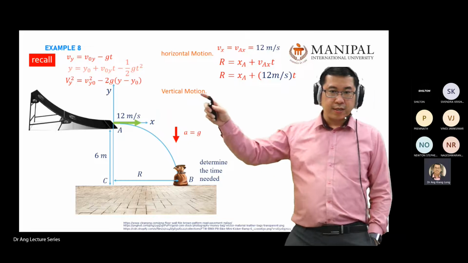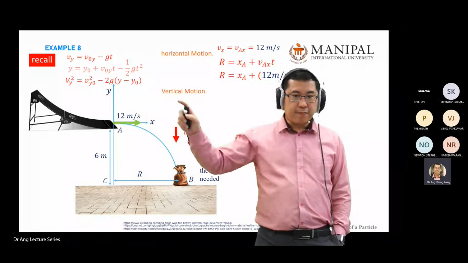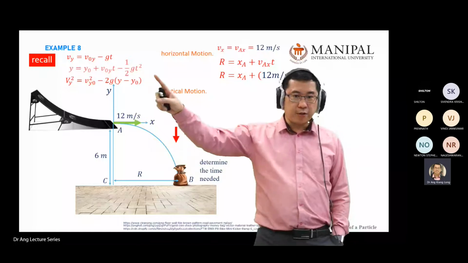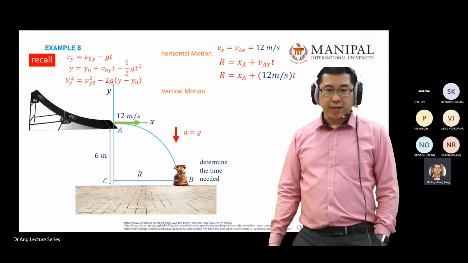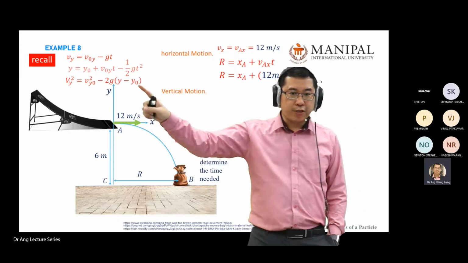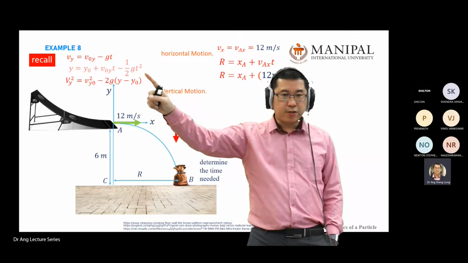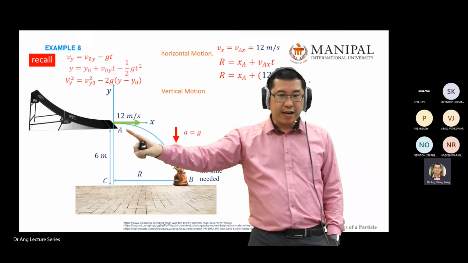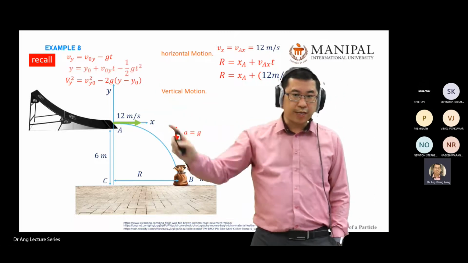I picked the second one because I have more information for the second equation. You can use the first one to derive also, but I use the second one first because I have the information of my y.